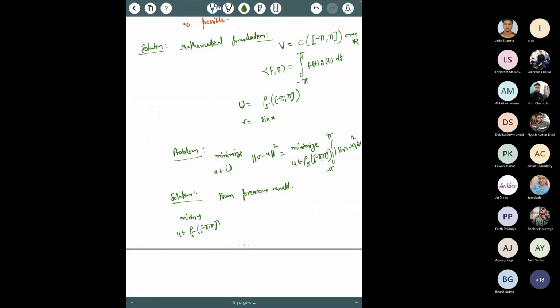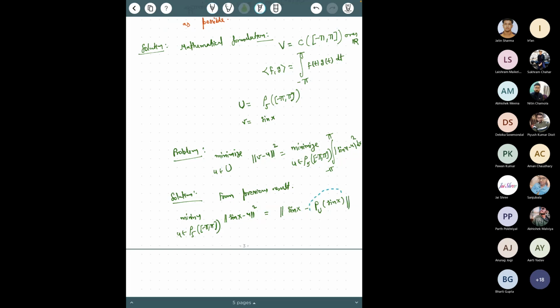The best approximation of sine x by vectors in U, by polynomials of degree less than or equal to 5, would be this one. That means you just project sine x orthogonally on U. So it's the projection of sine x on this subspace U. This would be the solution.